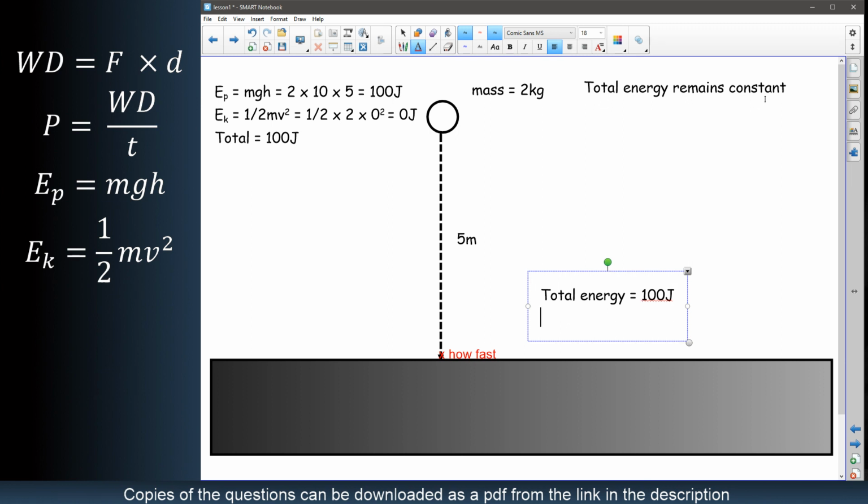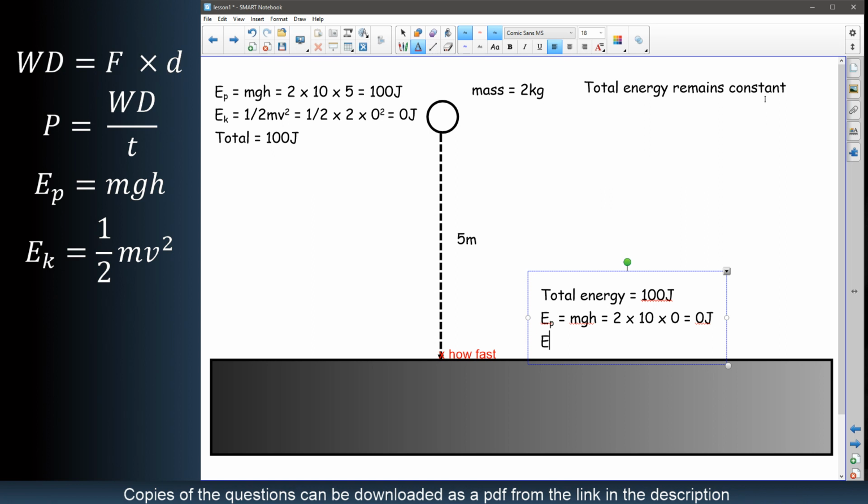At the bottom we've got E subscript P equals mgh. The mass again is 2, the gravitational field strength is 10, but its height off the ground is now 0, which gives us 0 joules. You don't have to show that every time, you can just say it's on the ground, so it's 0 joules.